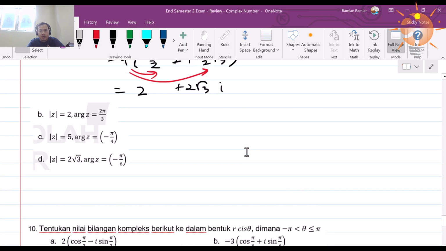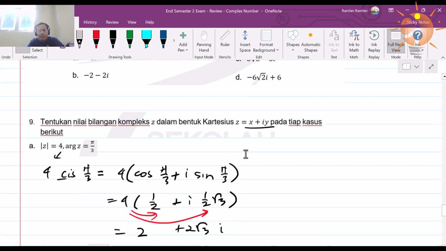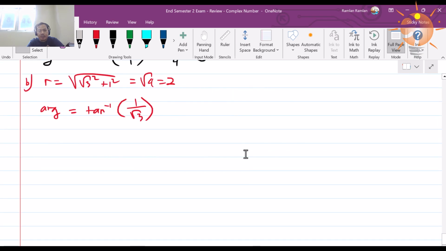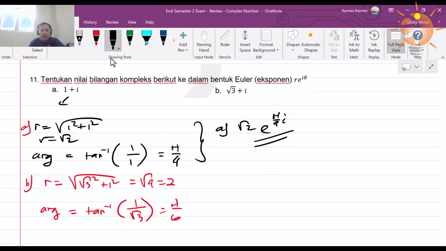That'll be 30 degrees, which in radians is pi on 6. So the answer for this one, the modulus is 2, and then e to the power of pi on 6 i. Don't forget the i. Okay, so that's it.